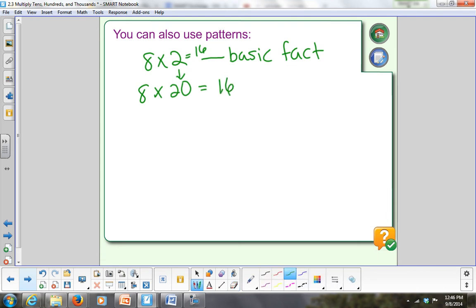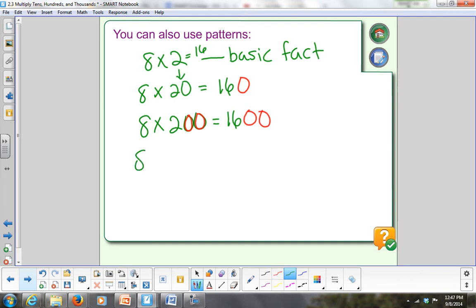Okay, so it'd be 16, add a 0. Good. Okay, so now what if I wanted to do 8 times 200? There's a pattern here. How many zeros did I add? I added 2 zeros. Okay, so how many zeros am I going to add on the other side of the problem? Good, 2 zeros. So on and so forth.